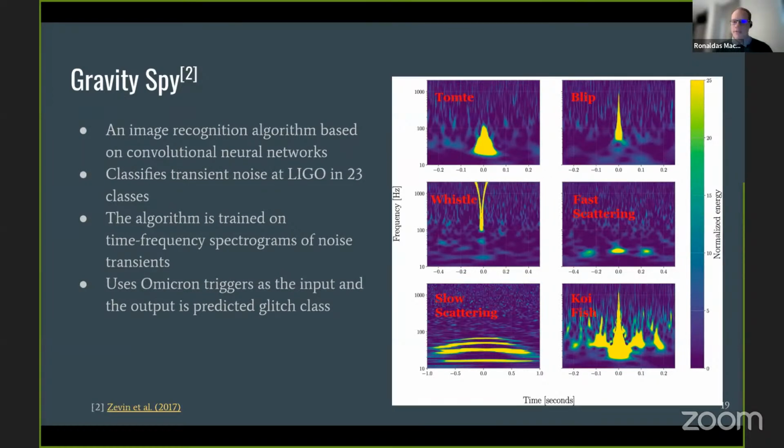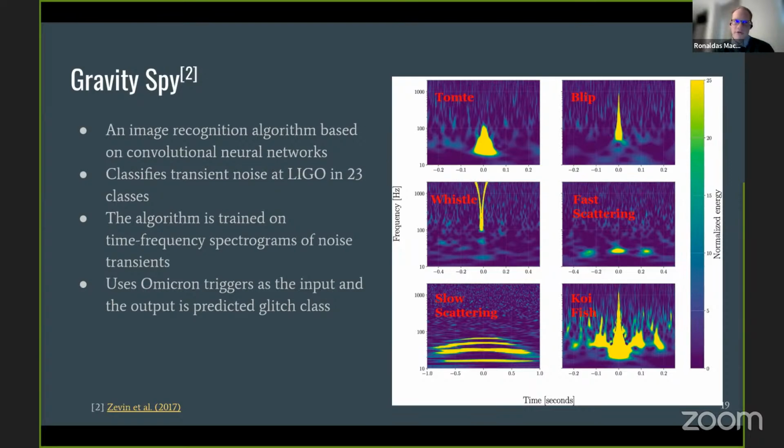And because of that, you get these glitches, which are shown right here. So slow scattering and fast scattering are happening because of that extra light, and that extra light is happening because there's that extra movement of mirrors, and these mirrors are moving because the ground is shaking because of the trains. So this is one of the examples of how trains can create glitches and affect data quality.